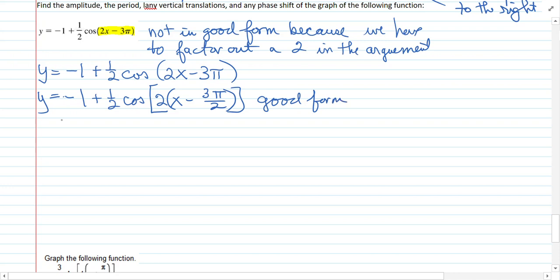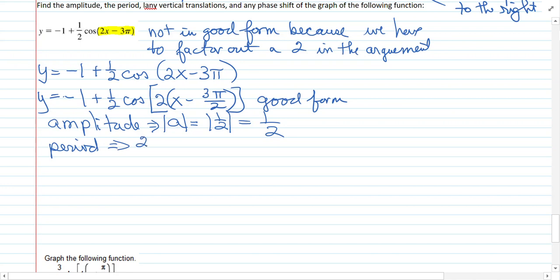All right, so we want the a. The absolute value of a equals the absolute value of 1/2. So we have 1/2. Then we need our period.